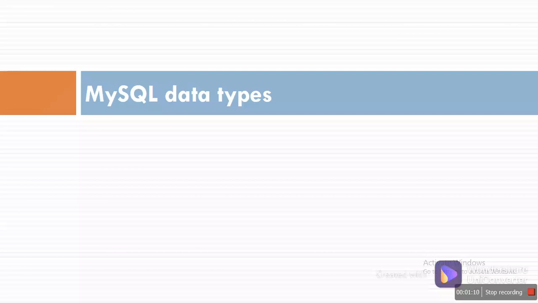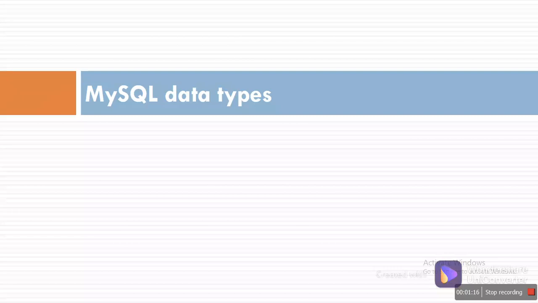But since SQL is an old language, it used to have these things and they are still maintained. So things like terminating each line, and then data types. As you're creating variables or something that is going to hold data, we need to specify the type of data that it is going to hold.